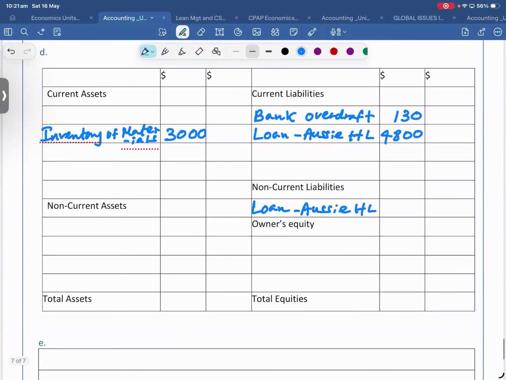So because we have only one non-current, we can record. In this period, you pay 400, but 4,800 for the 12-month period. But the entire loan is for 4,800.